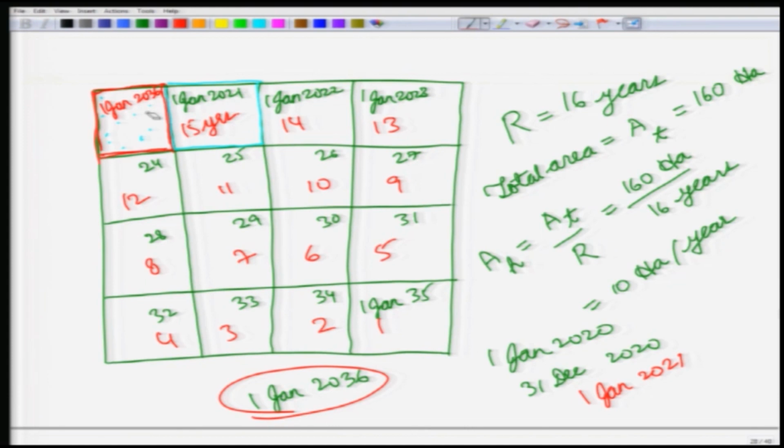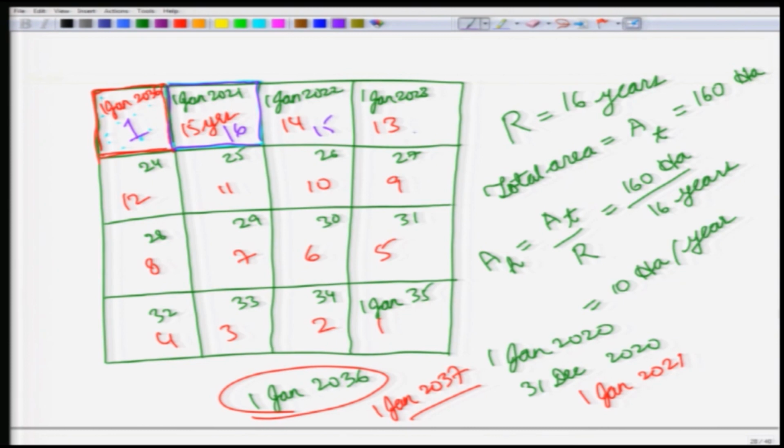Now, let us look at the situation on 1st of Jan 2037. The section that we had felled on 1st of Jan 2036 is 1 year of age. The section that we had felled on 1st of January 2021 is now 16 years of age.